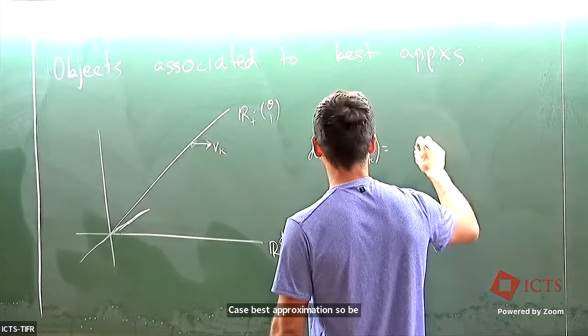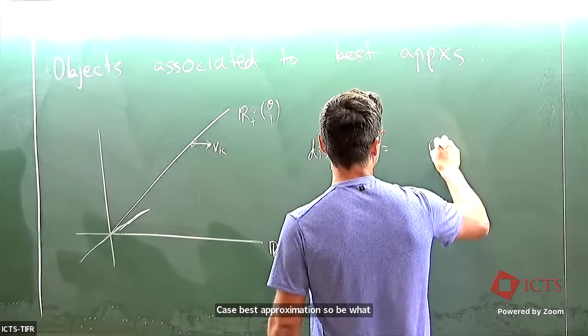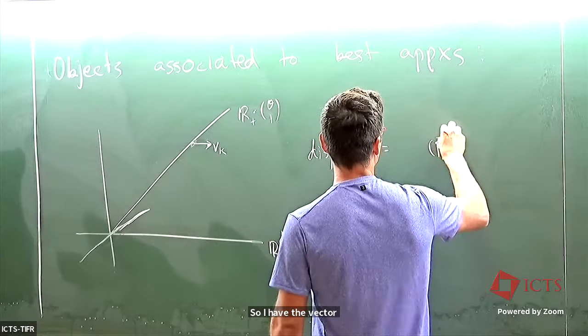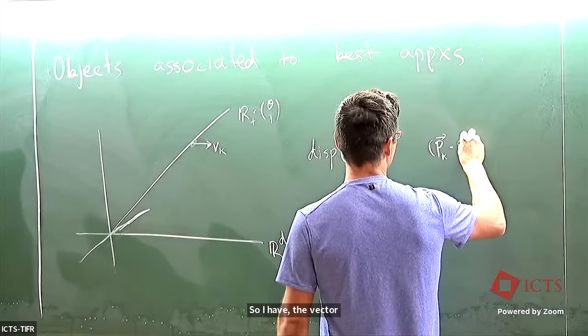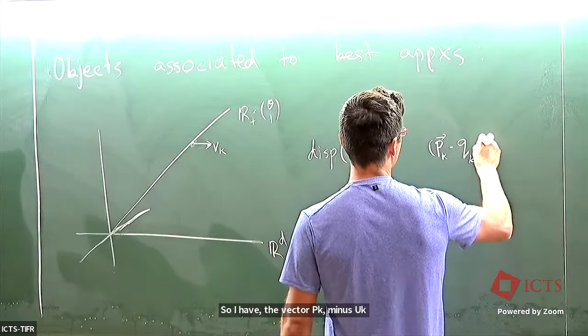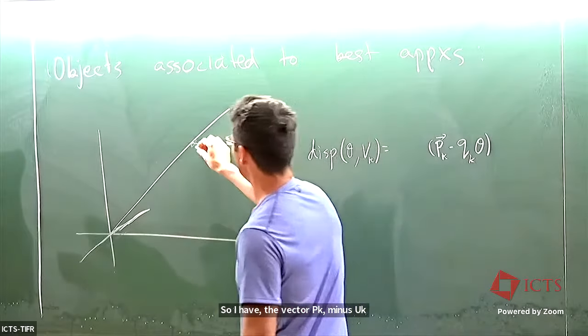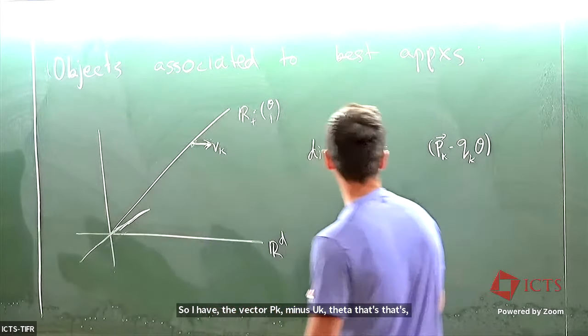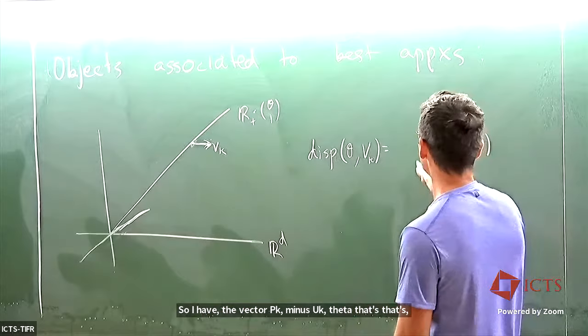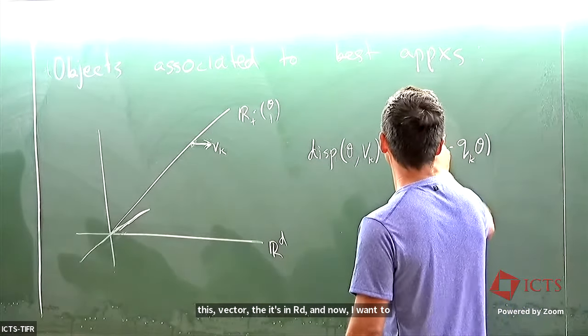So I have the vector p_k minus q_k theta. That's this vector. It's in R^d. And now I want to blow it up by q_k to the power of 1 over d.